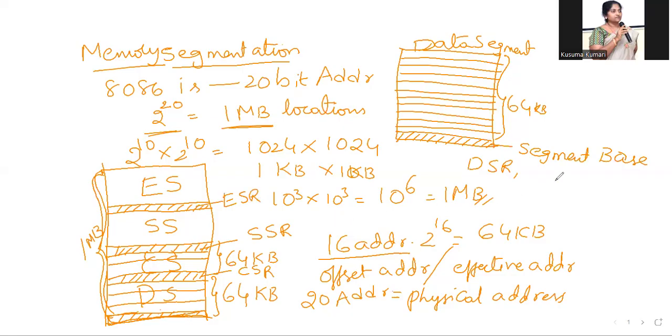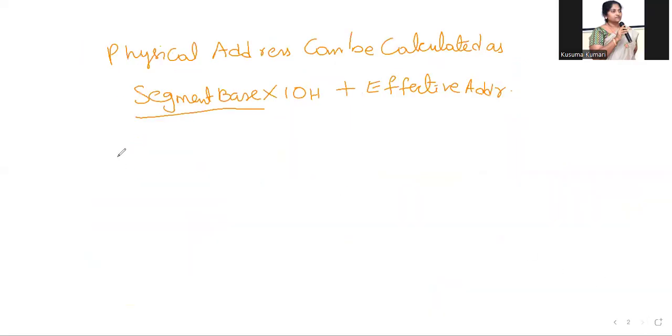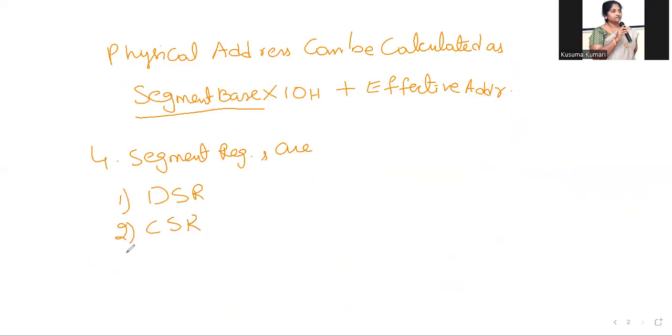So there are four segment registers. One is the data segment register, the second is the code segment register, the third is the stack segment register, and the fourth is the extra segment register.